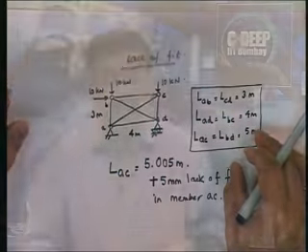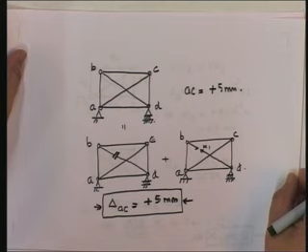Then I'm going to forget about the loads completely, and I'm going to take only the lack of fit. I'm going to find out all the member forces due to the lack of fit alone. And then what if I have a situation where all the loads and the lack of fit are there together?